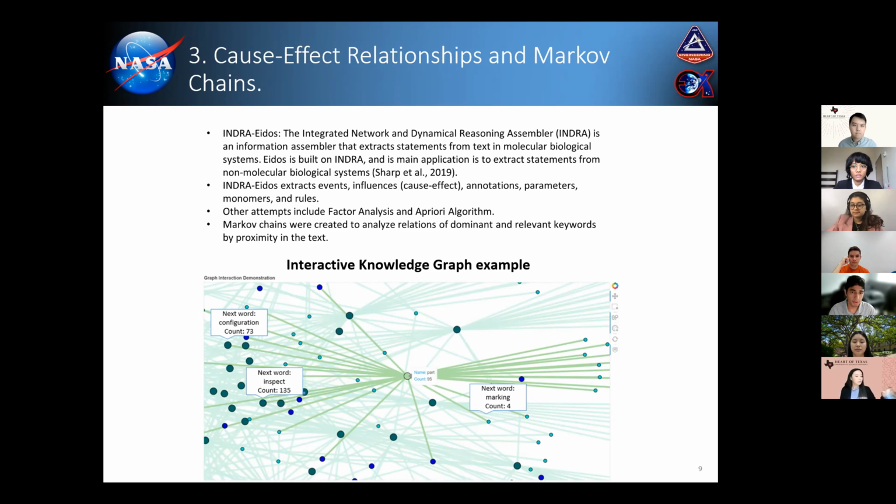So I used this model, and this model is very handy. It extracts not just causes and effects, but events, annotations, parameters there. But in my use case, I was just concerned about the causes and effects, because I wanted to identify common causes of these engineering process problems, right?